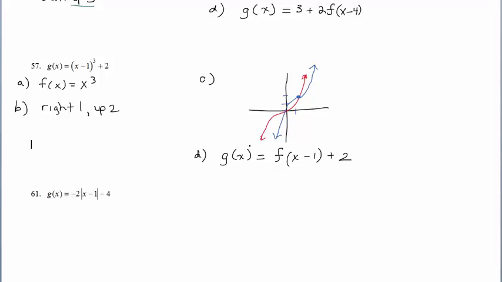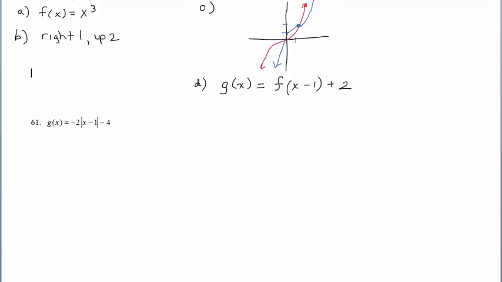Okay, let's look at another example. Parent function, absolute value. Transformations. Well, I see a reflection, a vertical stretch, a shift right 1, and a shift down 4.